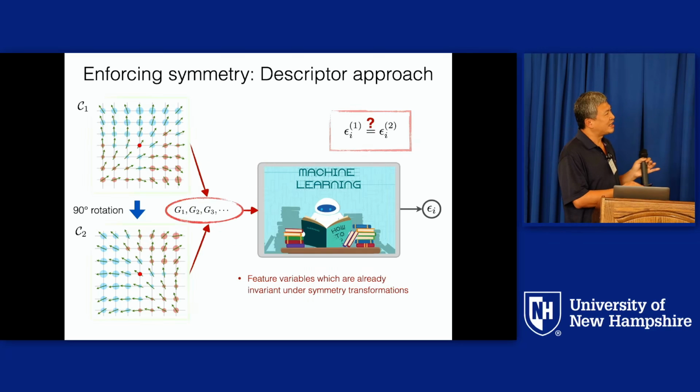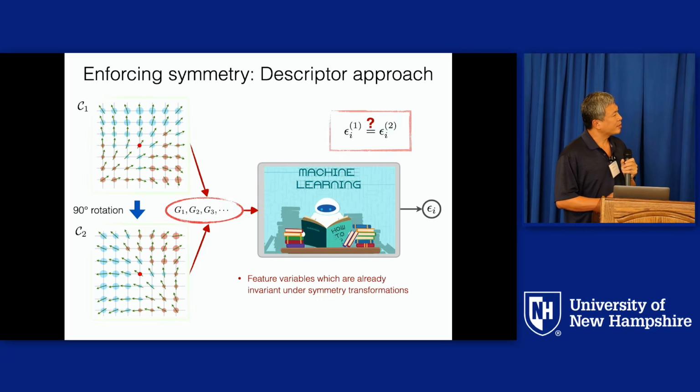But it's not guaranteed that these two local energies are the same, even though we know these are basically the same configuration, just rotated by 90 degrees. One way to enforce this symmetry in computer science is data augmentation. But in that approach, the symmetry can only be learned statistically. Maybe 99%, but it will never be exact.